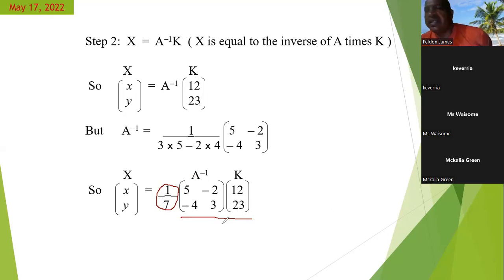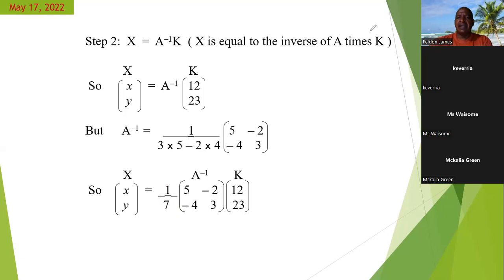That's 14. Yes, sir. 14. And then you multiply again. 4 times 12, 48, that's negative 48. 3 times 23 will give you 69. 69 minus 48 will give you what? 21? Yes, sir. All right.